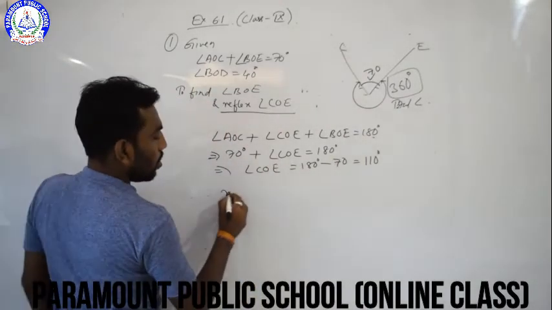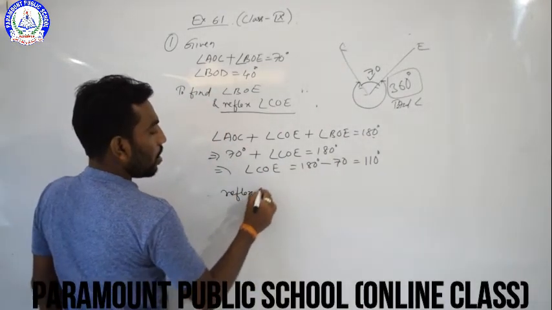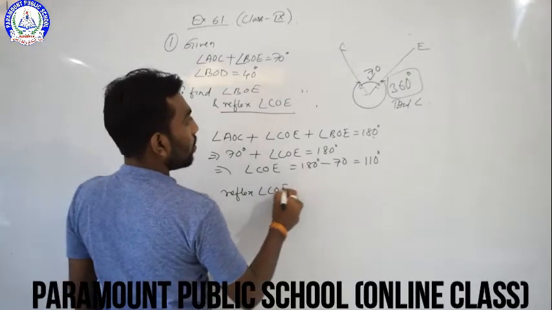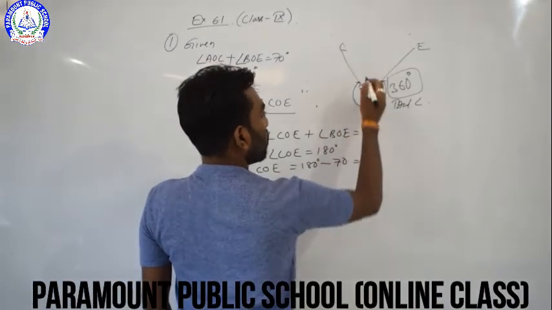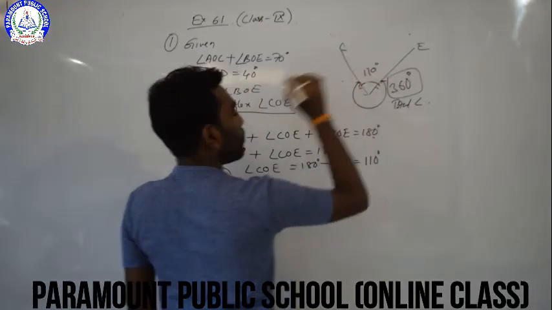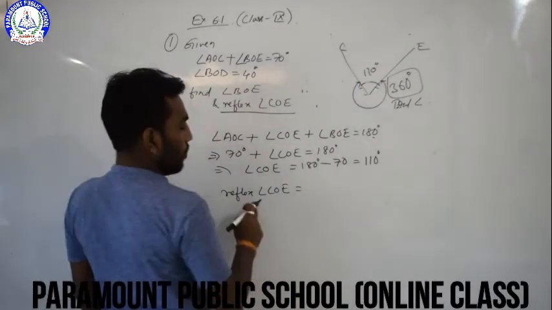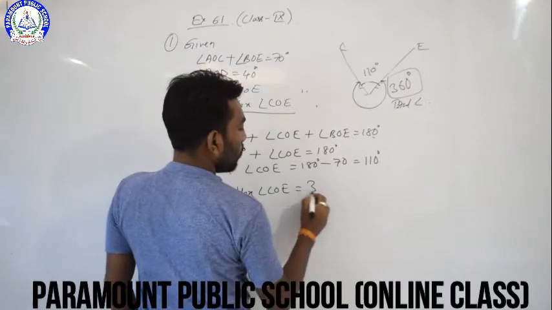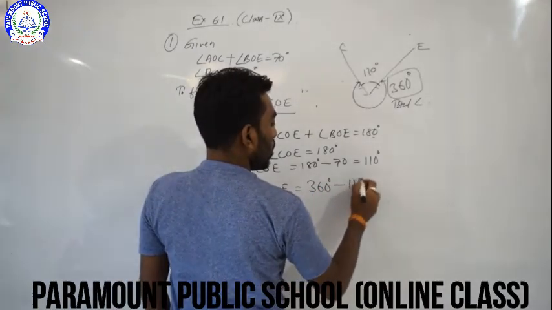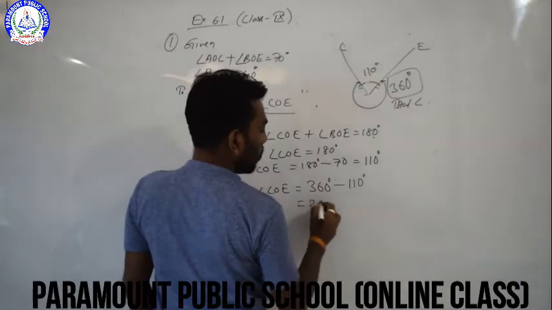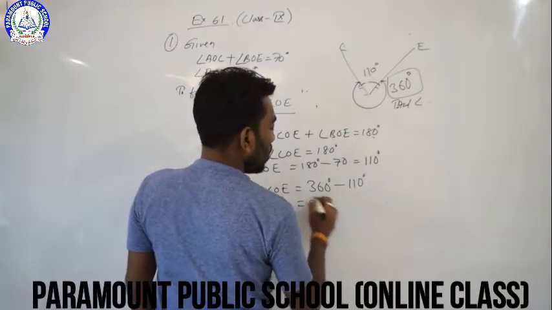So reflex angle COE is equal to, sorry, this is not 70, this is 110 degree. So what is reflex angle COE? It is nothing but 360 degree minus 110 degree, which is equal to 250 degree.